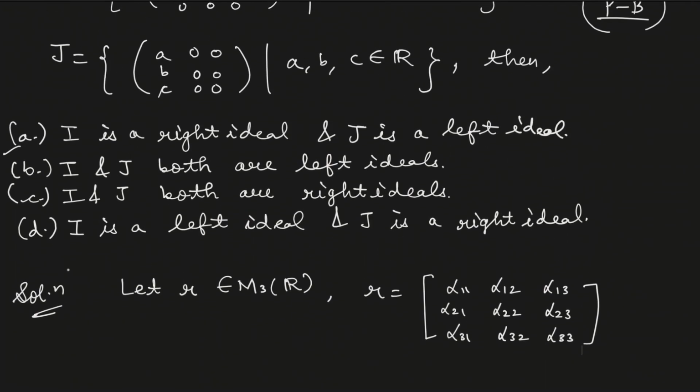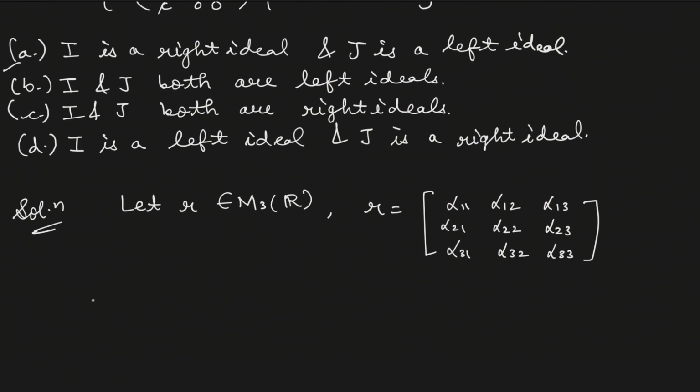First of all, I am checking for I ideal. I is a, b, c, 0 0 0, into r.